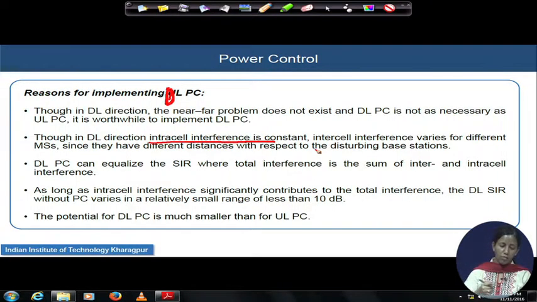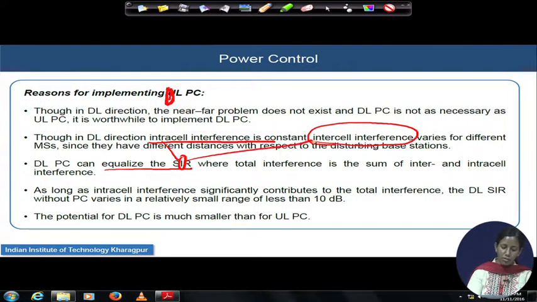You are going to get a huge effect of inter cell interference in that situation. And so, the downlink power control can also equalize, to some extent, the signal to interference ratio, where the total interference is the inter cell plus the intra cell interference.